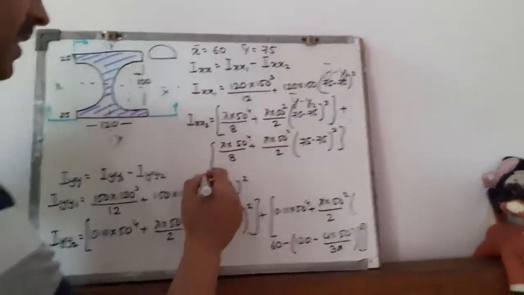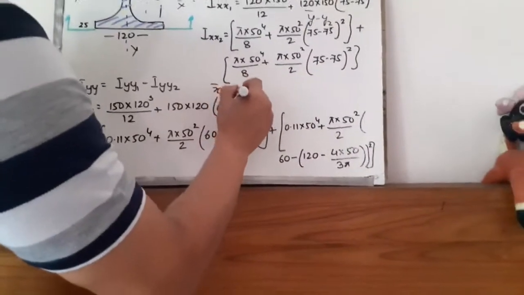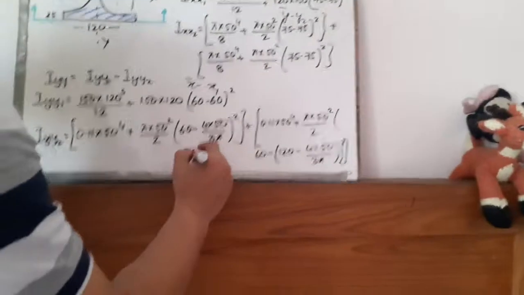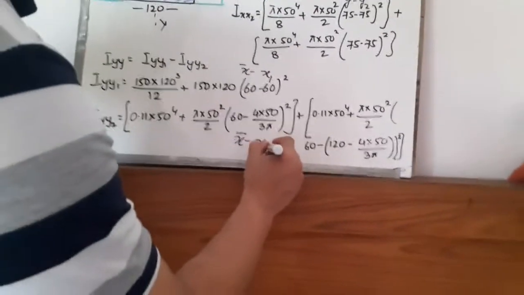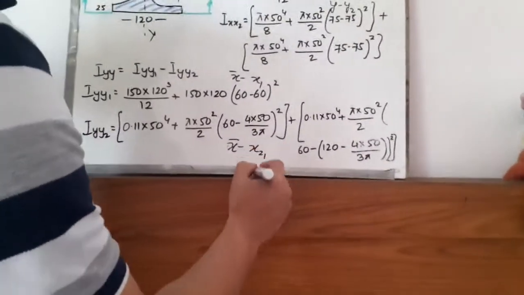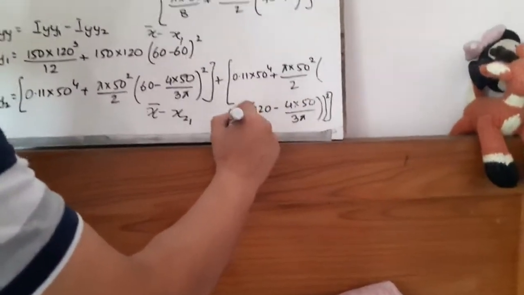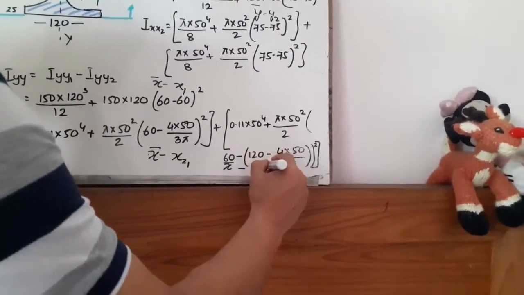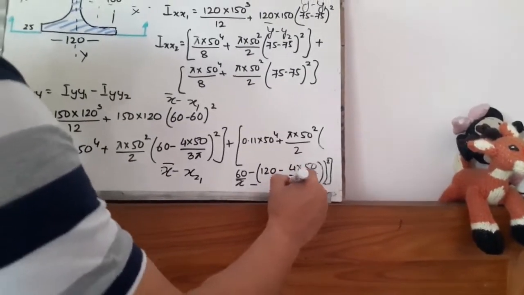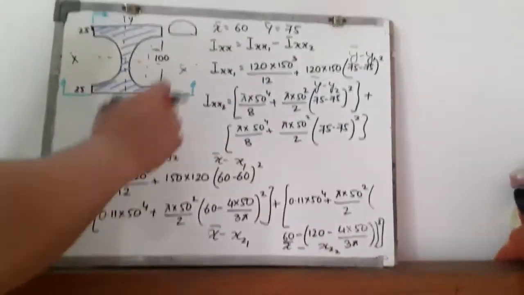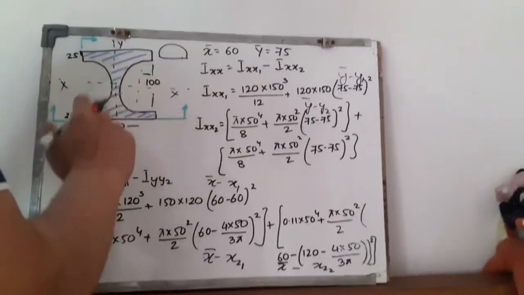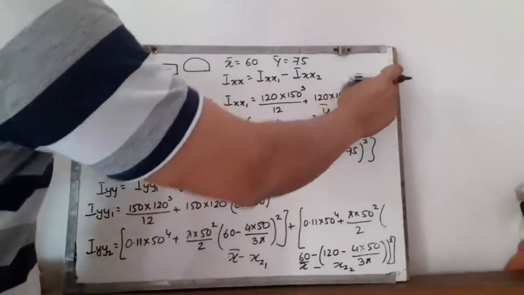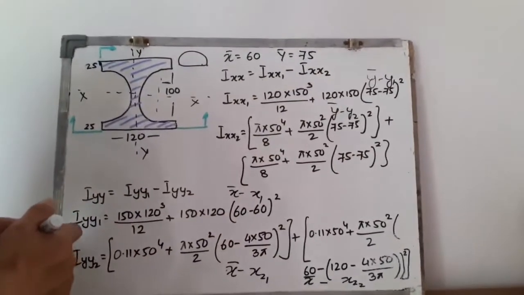Similarly, if you look at these values, this is x bar minus x1. If you look at these values, this is x bar minus x2 of the first one, and this is x bar minus x2 of triangle 2. So if x1 y1, x2 y2, x3 y3 etc. are found out, the calculation of h will become very easy.